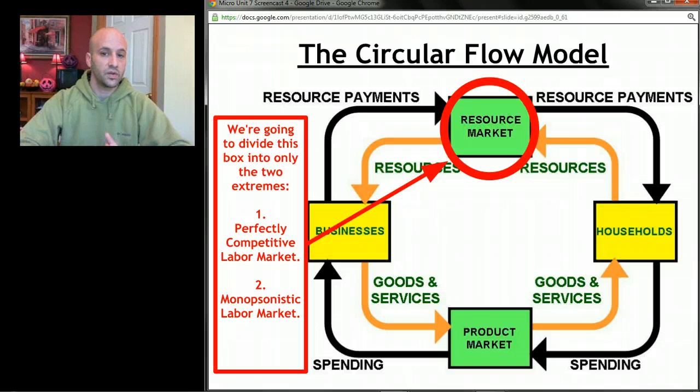Instead of four market models, we're only going to divide it into two. We're going to look at the two extremes of what resource markets might look like: a perfectly competitive resource market or a monopsonistic resource market. In these examples, I'm going to use labor as the prototypical example of a resource, but every time I say labor, what I really mean is resources generally.